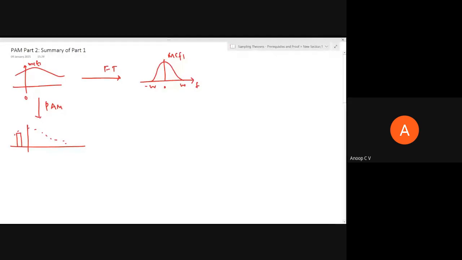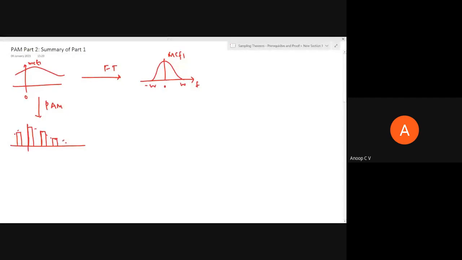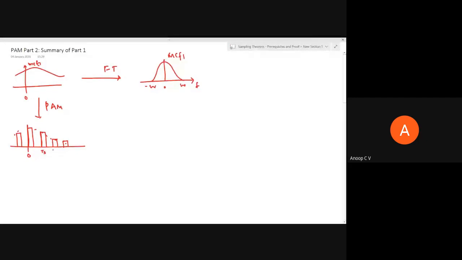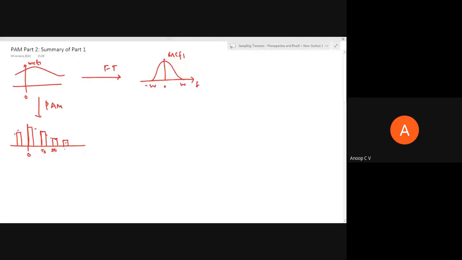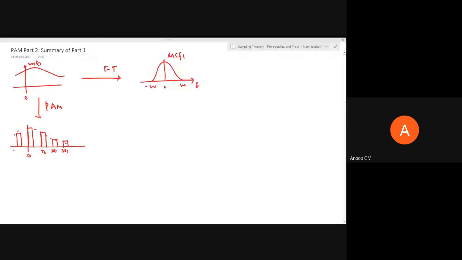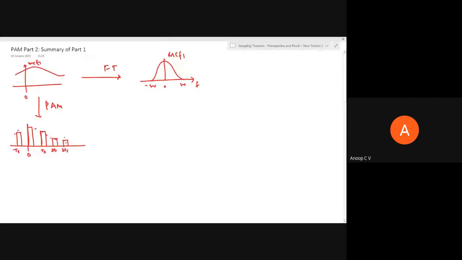We take a sample every Ts seconds, at every sampling interval, and we lengthen it for a duration of capital T seconds. That's pulse amplitude modulation. These samples are taken at every interval: 0, Ts, 2Ts, 3Ts, and minus Ts and so on.